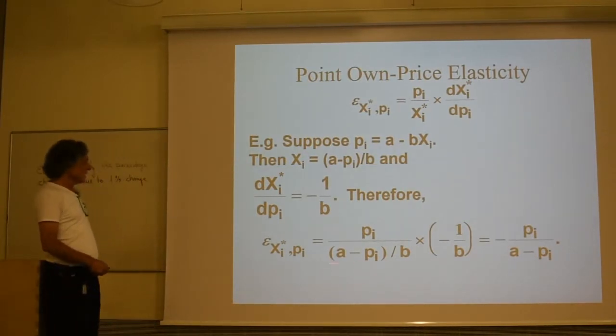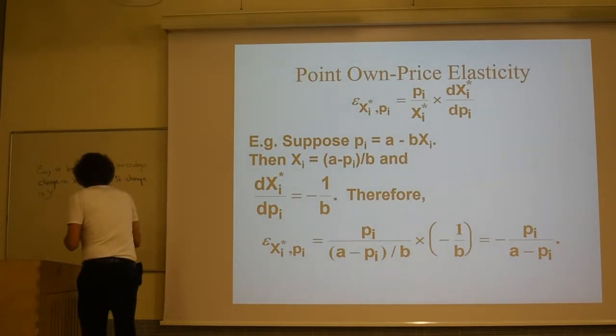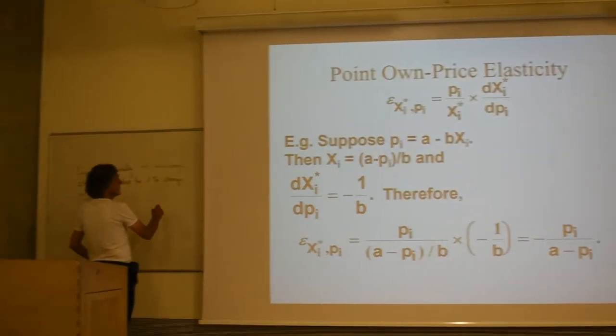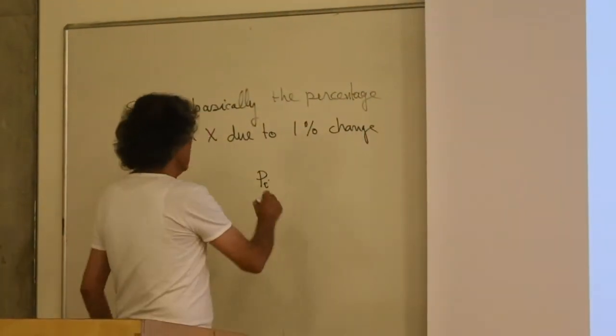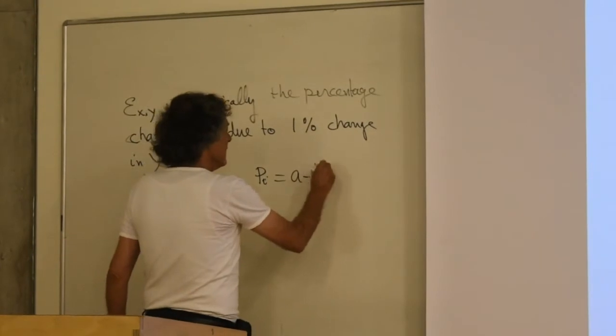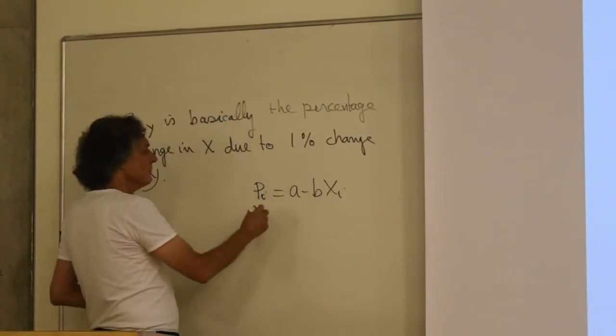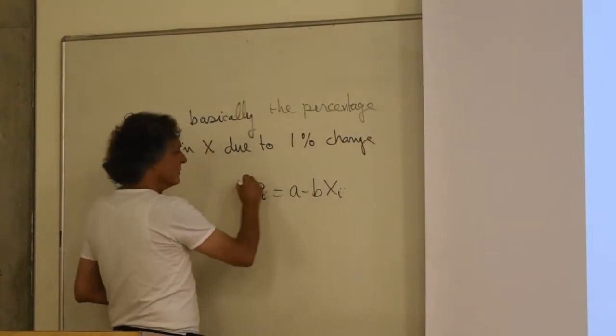So this is it, and let's work it out. Remember, this is if x_i, p_i equals a minus b x_i. So I have many goods, but that's the demand for good i.